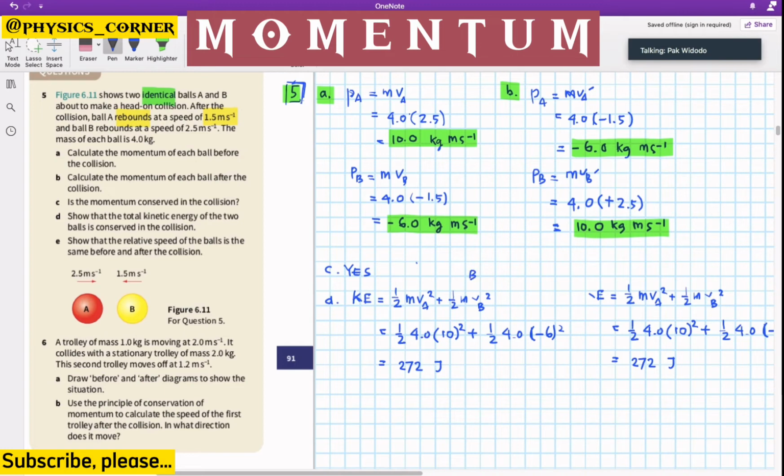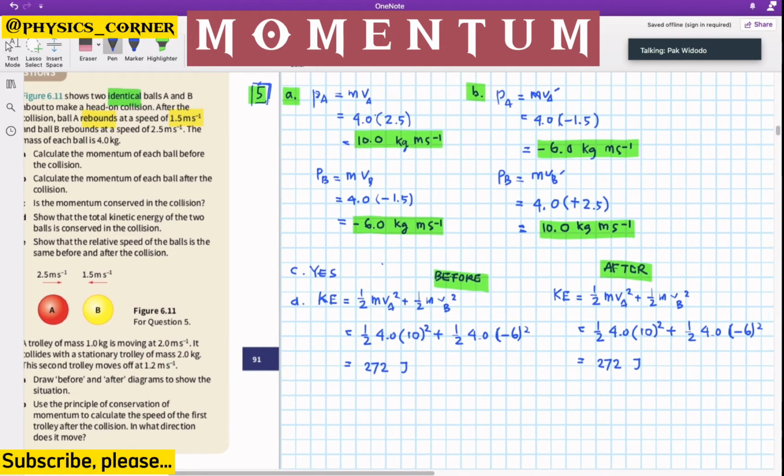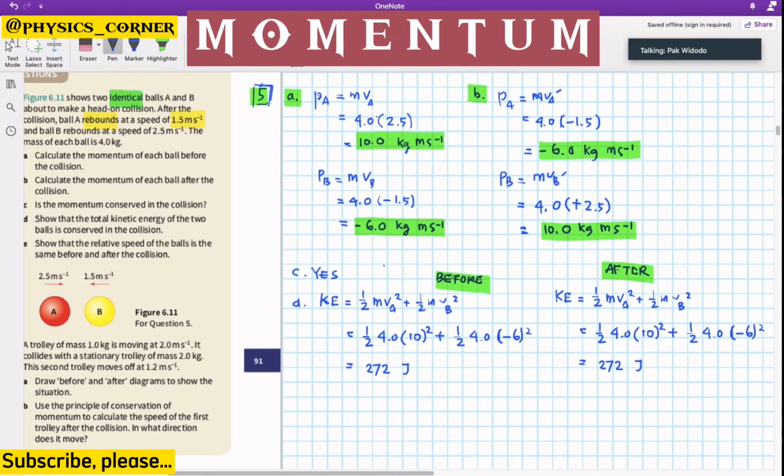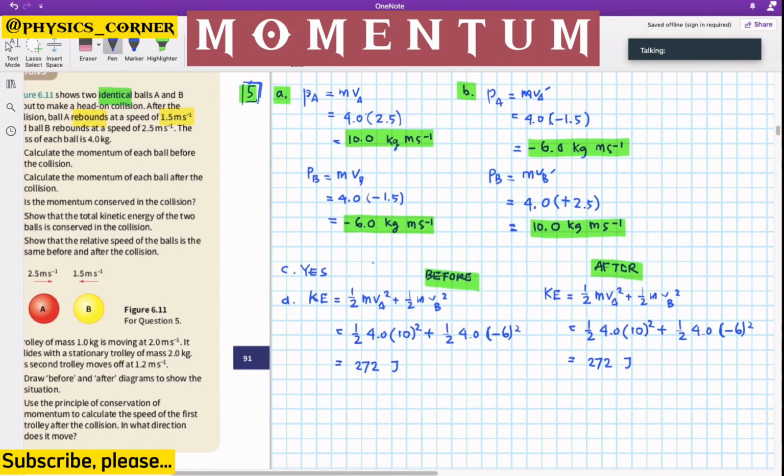Let's say this is total kinetic energy before. I write this before, and this is after. But I have to change the velocity. This is after. This velocity is not 10 and minus 6.